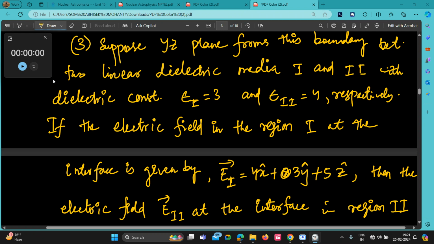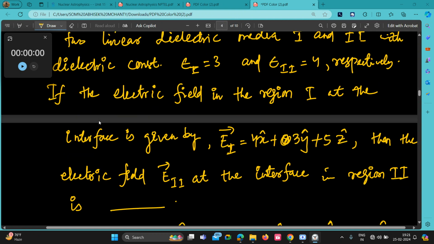See, this type of problems are boundary value problems, right? And there will be an interface and these two media, and their dielectric constants will be given. Epsilon 1 is equal to 3, epsilon 2 is equal to 4.